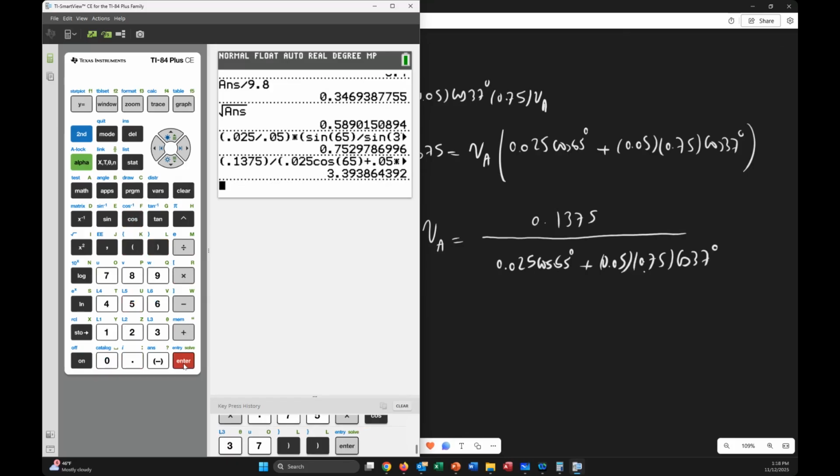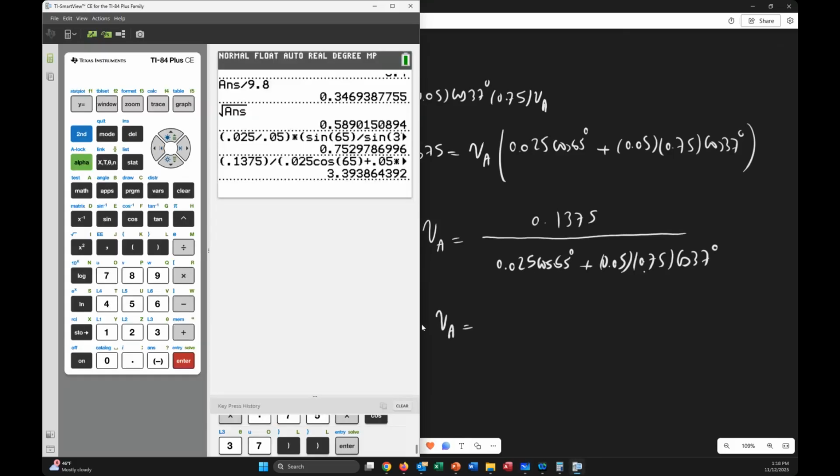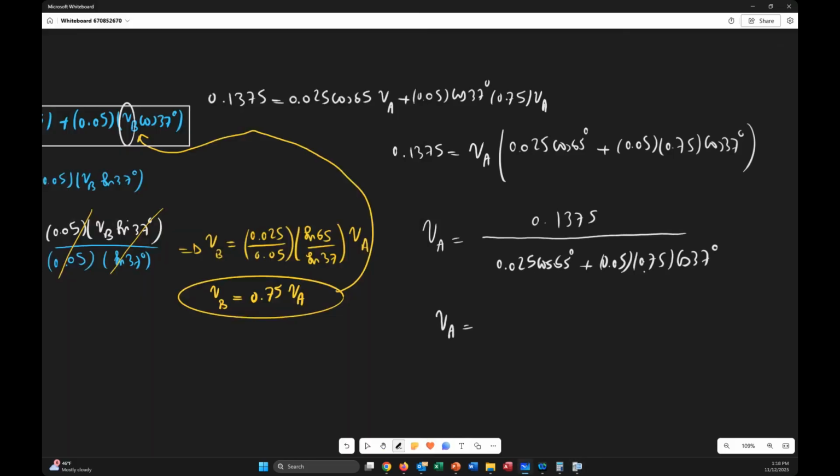What did you get? Same thing, okay. VA is gonna be 3.39 meters per second. Good.